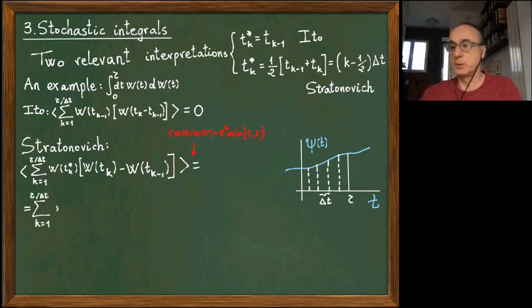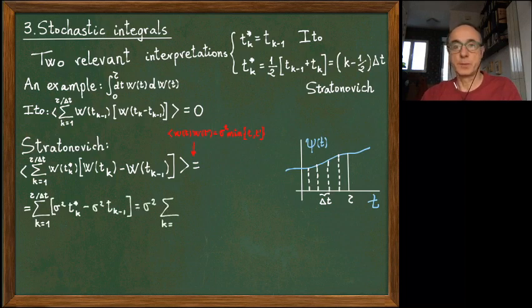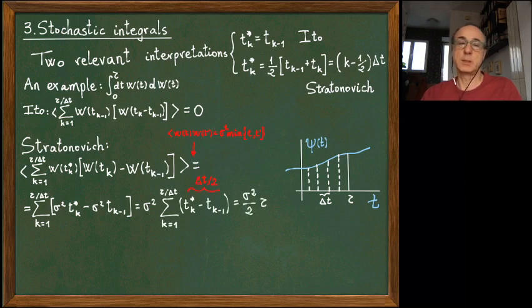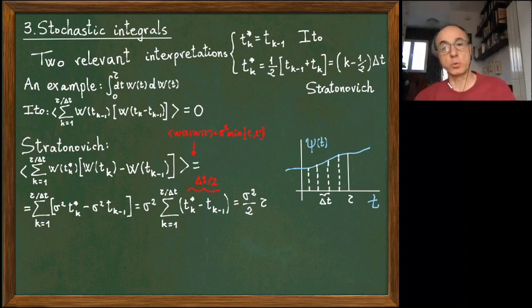You remember we did this calculation, so we had this result that the average of the Stratonovich is sigma squared divided by 2 multiplied by tau.